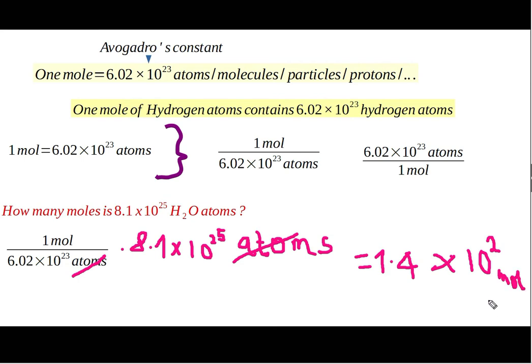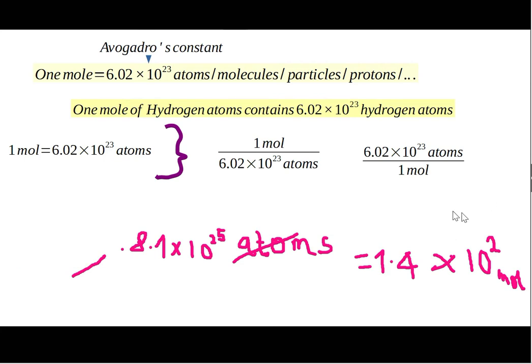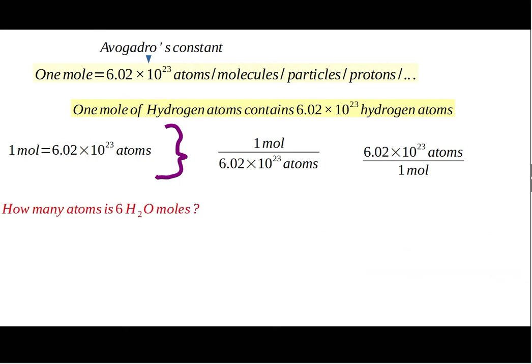Now let's look at another question. The next question says: how many atoms is 6 H2O moles, or 6 water moles? So now we are given the moles, but we are looking for the atoms.